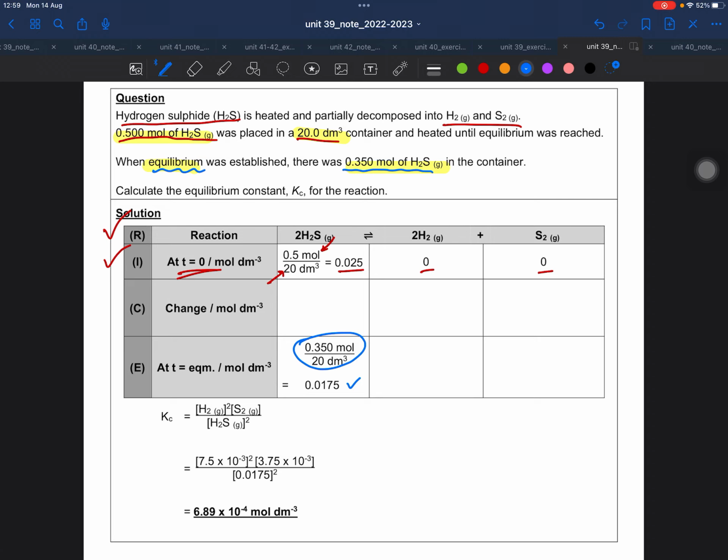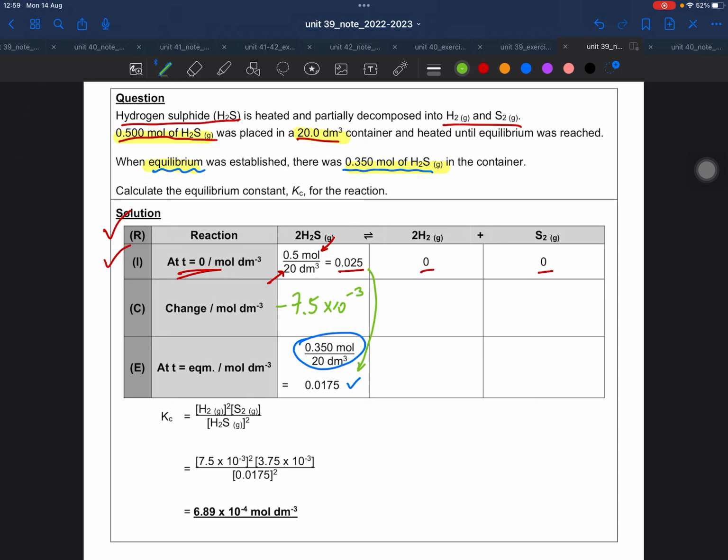Now, it's easy, right? So with this one to this one, it is easy for you to find the change, right? It is minus, oops.